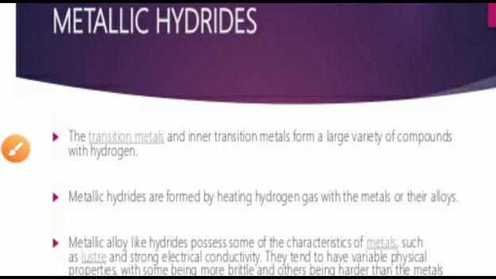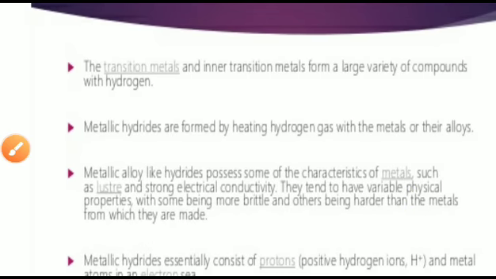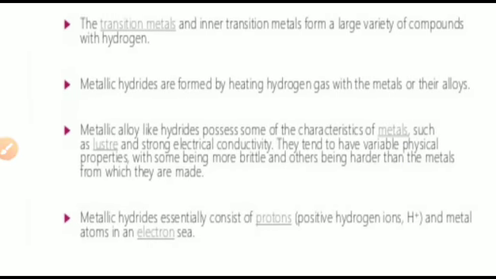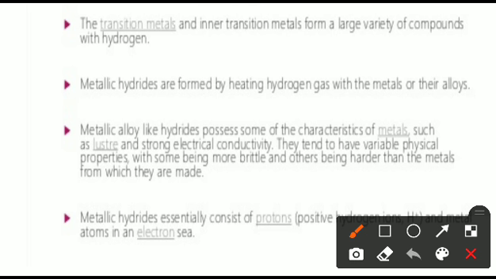Here, the metallic alloy-like hydride possesses some of the characteristics of the metal, such as luster and strong electrical conductivity. They tend to have variable physical properties, some being more brittle and others being harder than the metal from which they are made.